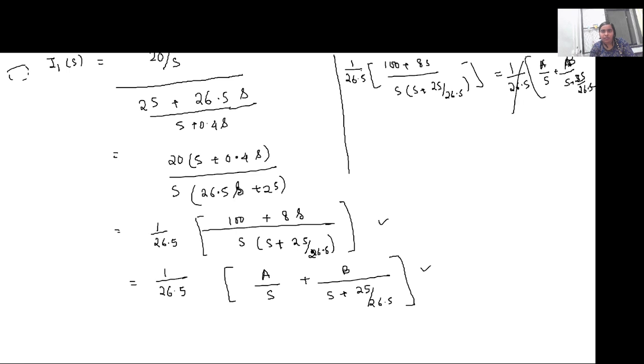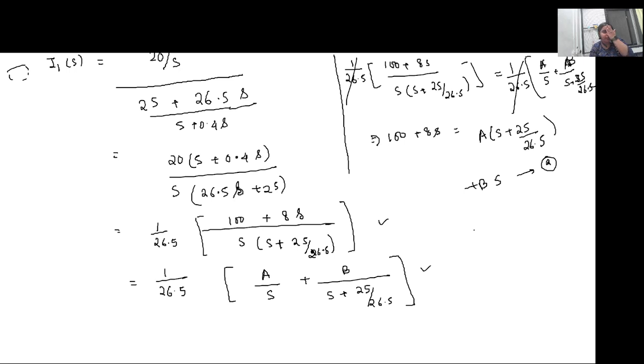So these two things we can cancel out. So we can write this as 100 plus 8s, and if we take the denominator to the other side, it will be a into (s plus 25 by 26.5) plus b into s, right?